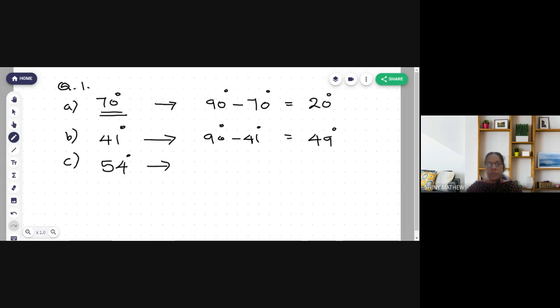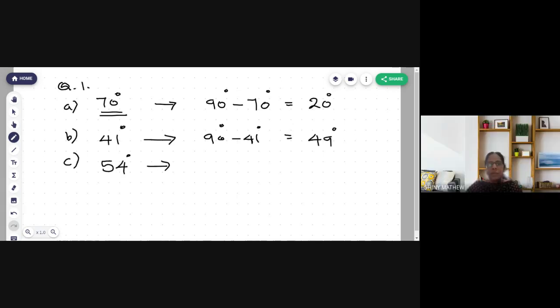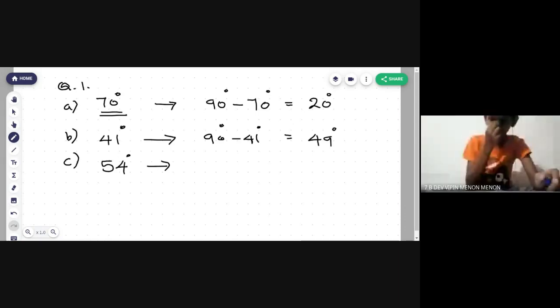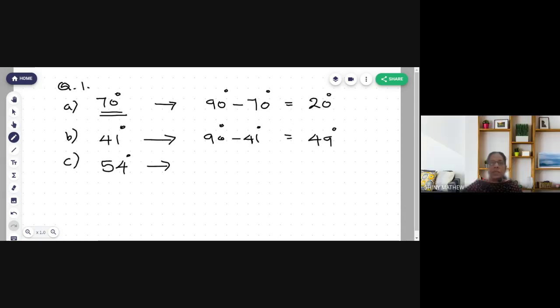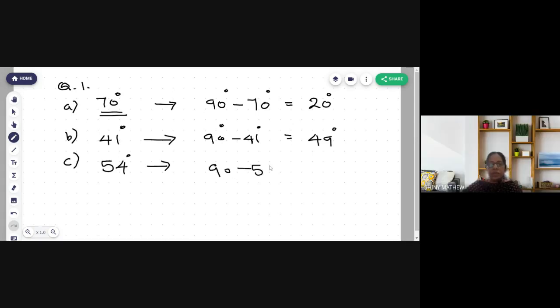Abhishek, got the answer? Ma'am, finished. Dev, can you say the answer? Ma'am, 36 degrees. Is it correct? What about others? Yes, miss. Okay, 90 minus 54, that is 36 degrees.